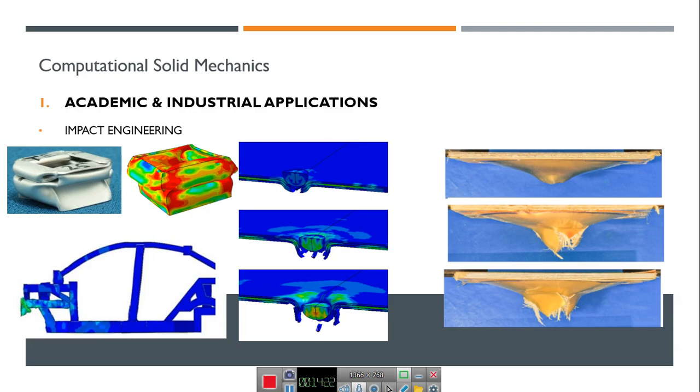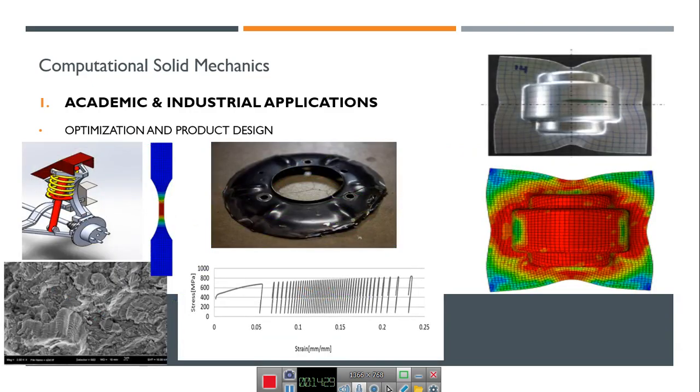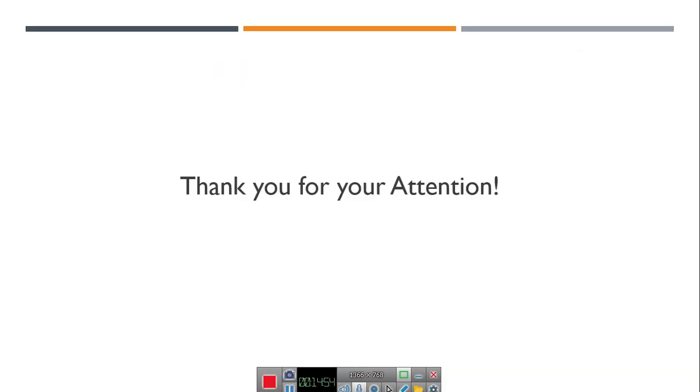And in the faculty of mechanical engineering, many professors are focusing on this area. Also, in optimization and product design, we can use shape optimization, topology optimization, and predicting the life of a structure, and by optimizing the product, we can increase the life of the component as well.